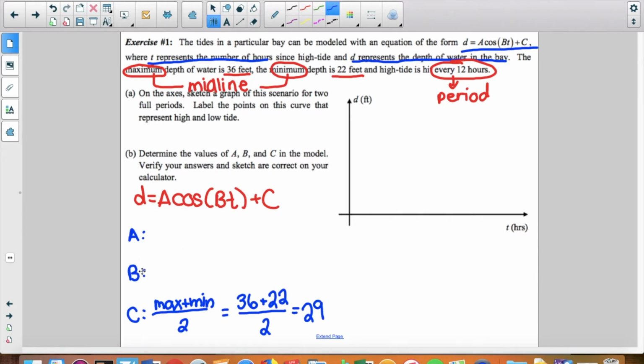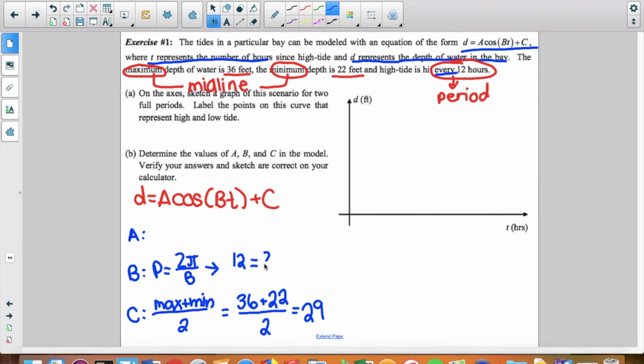Now to find B. We know the period. This keyword, every, tells us that our period is 12. So what we can use to find B is the equation P equals 2 pi divided by B. The period was 12 because they told us that from the question.